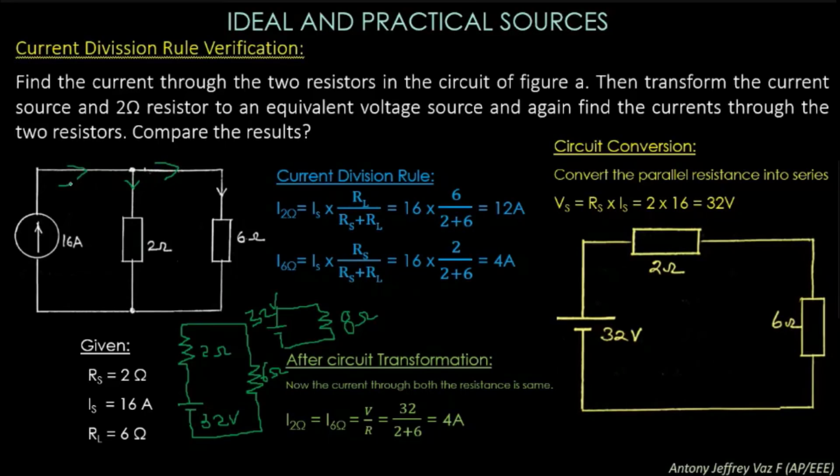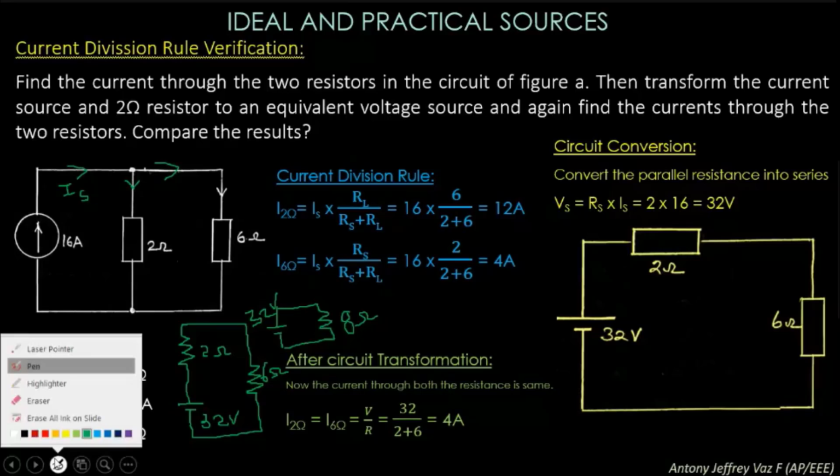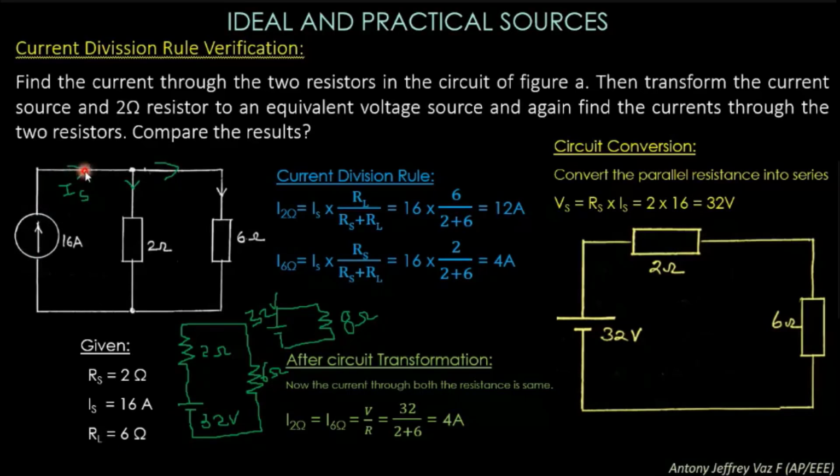This one is the source current IS, which is coming from the source. On this point, the source current gets divided into two values, one for the 2 ohm resistance and another one for the 6 ohm resistance. So we have already found the 2 ohm resistance current is 12 ampere. The 6 ohm resistance current is 4 ampere.